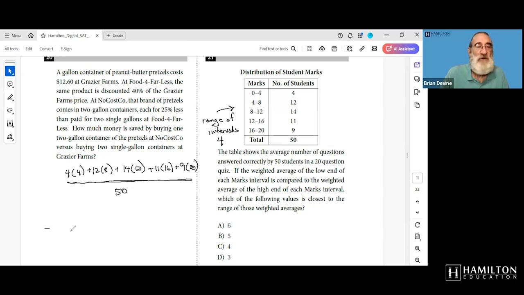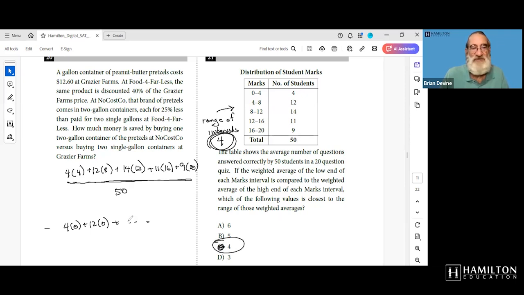And then I'd have to take away 4 times 0 plus 12 times 0 and so forth. And in effect, what I'm going to come out with is an average that has a range of 4. So common sense tells me that C should be the answer.